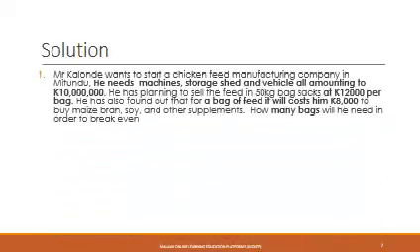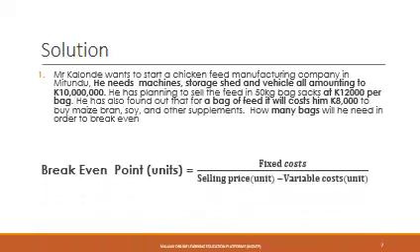The first question needs us to calculate how many bags we need in order to break even. You can see the question is talking about the break-even point in terms of units, because we have been asked to calculate the amount or the quantity. So the proper formula to use is this one, because it talks about units or amount. Break-even point in units is equal to fixed cost.